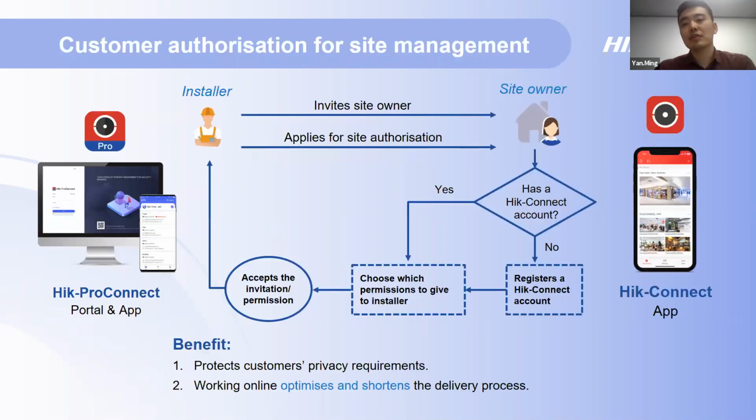The first key feature is customer authorization. So basically in the Hik-ProConnect system, in order to meet the GDPR regulation, as an installer or system integrator, you have to be authorized by the end users to perform site maintenance. For a newly installed site, once the devices are added on Hik-ProConnect, installers can invite end users via the Hik-Connect app and also apply for access to the site.